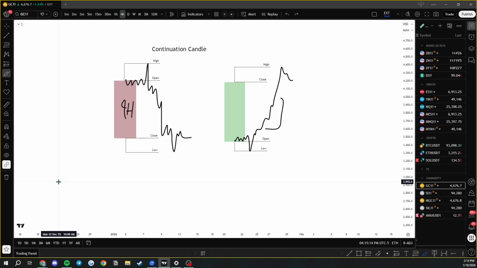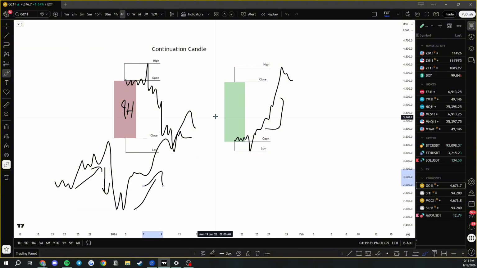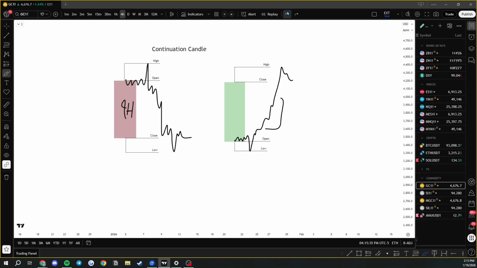Now, if you have a candle that looks like this, it's going to be a lot more difficult to trade, because you may get enticed to go long here, and then you get taken out, and then maybe you want to go short, and then there's a lot of directional movement. Whereas in a continuation candle, there are not a lot.